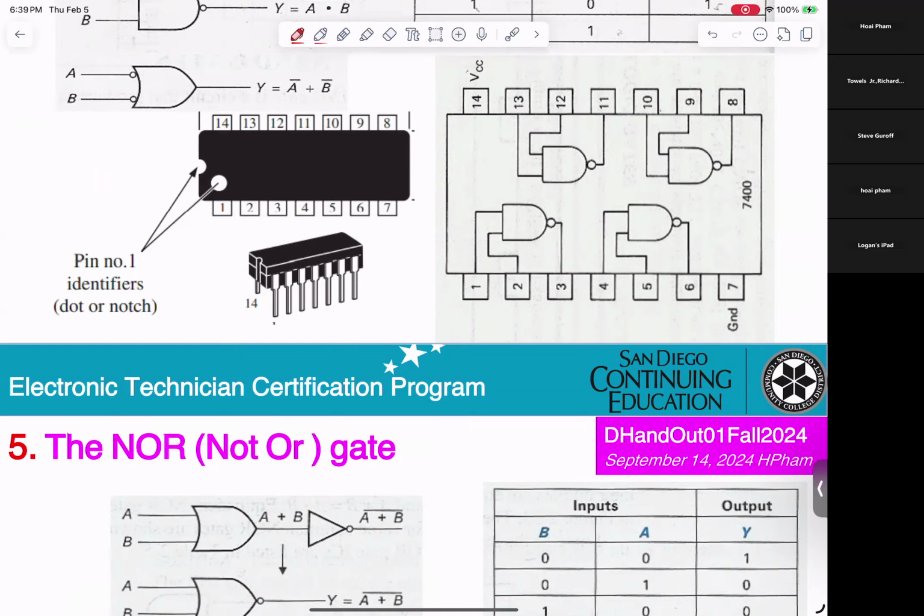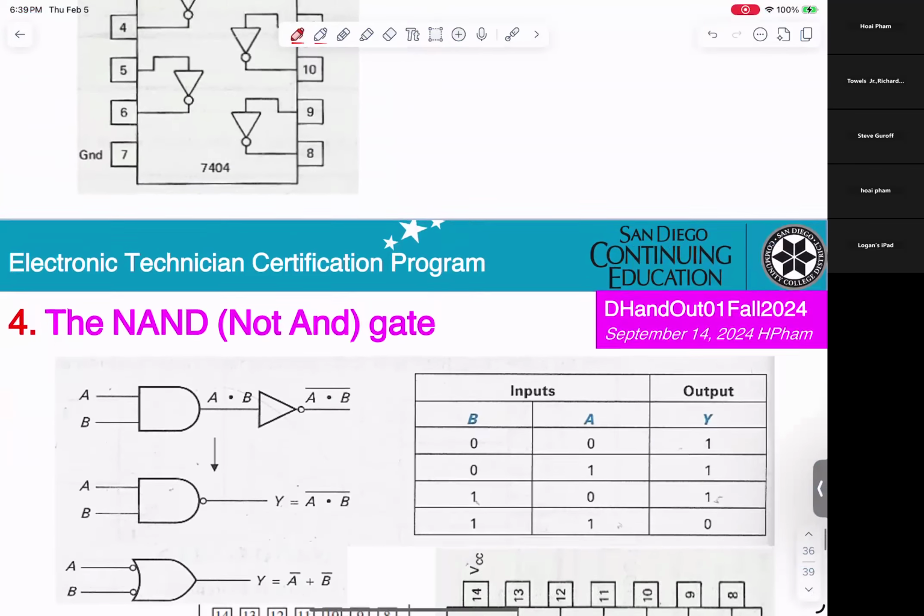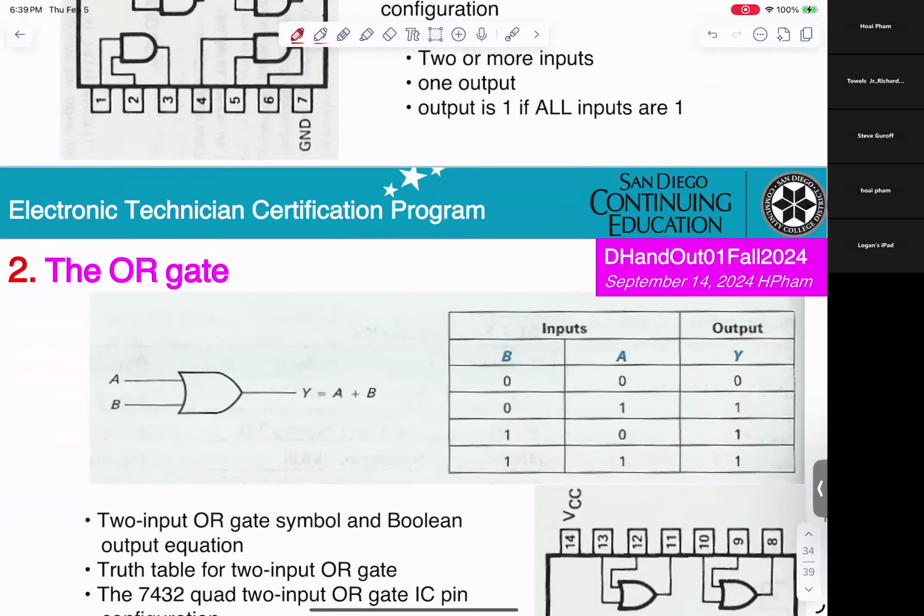And also, I want to show you the circuit board, how to build it, how to do it, how to deal with the C++, write the program, how to test it, okay? So that will be next week. Quickly go through the logic gates here, okay?